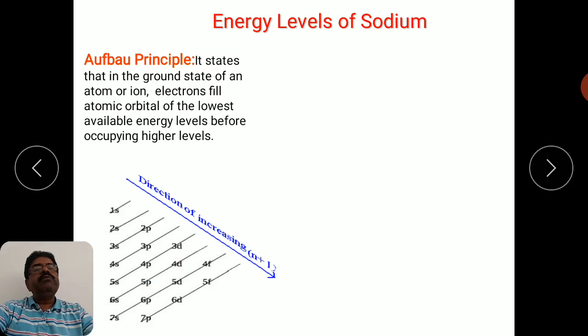This order follows the direction of increasing n plus l. In this manner, the Aufbau principle states the energy dependence on the term n plus l.